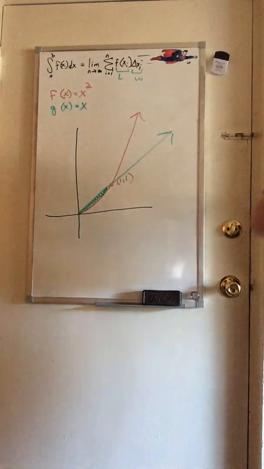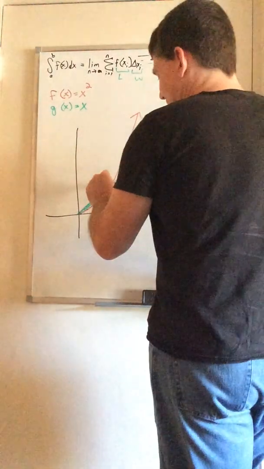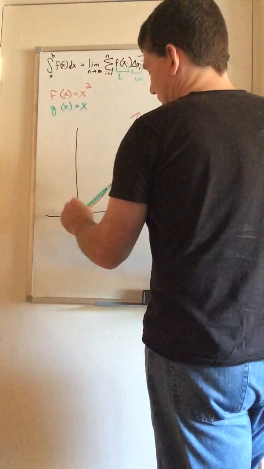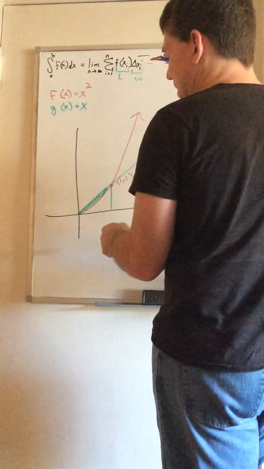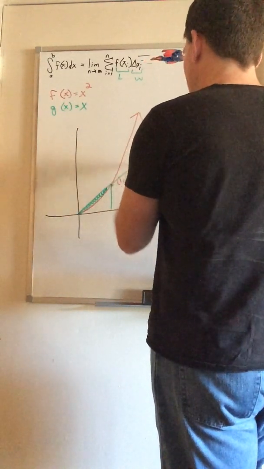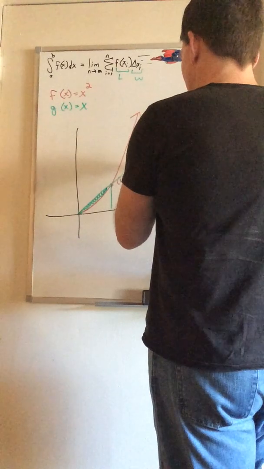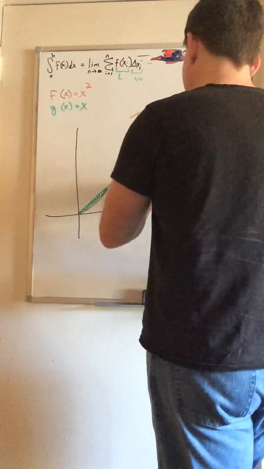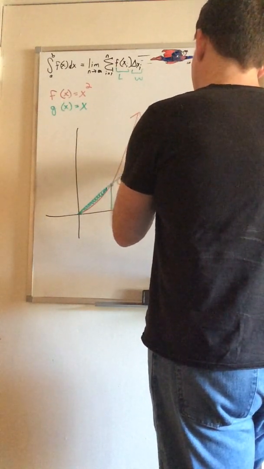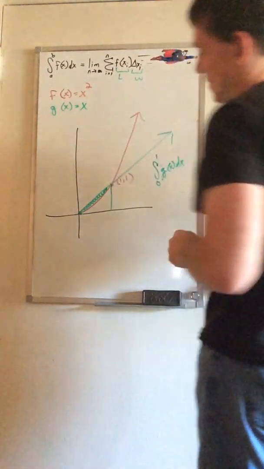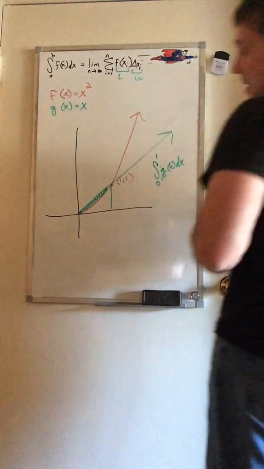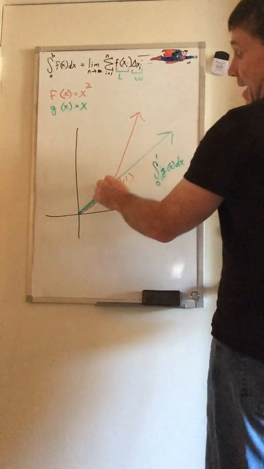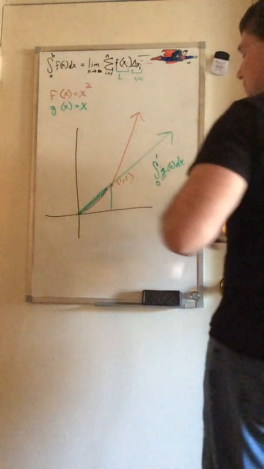But what I can do is find the area underneath the line right there. That's the integral from 0 to 1 of, I'm sorry, green is g, of g of x dx. That will give me this entire area.